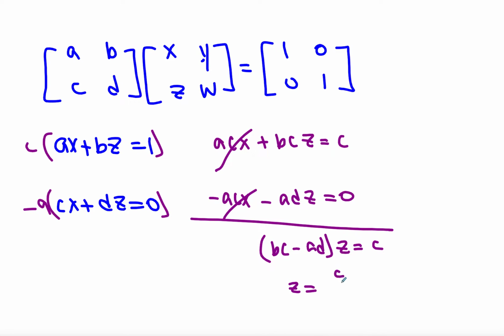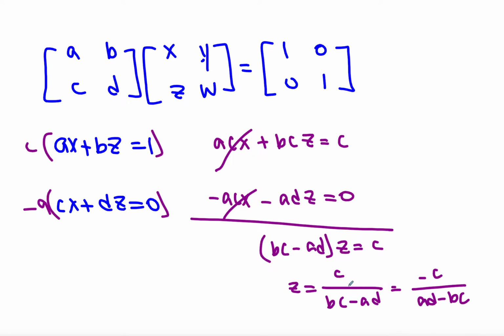That's equal to C over BC minus AD. Now, for later on, you will understand why, but I'm going to just multiply top and bottom by -1, so that I would like to have AD first before BC. So then this is equal to negative C over AD minus BC. They're essentially the same one way or the other.